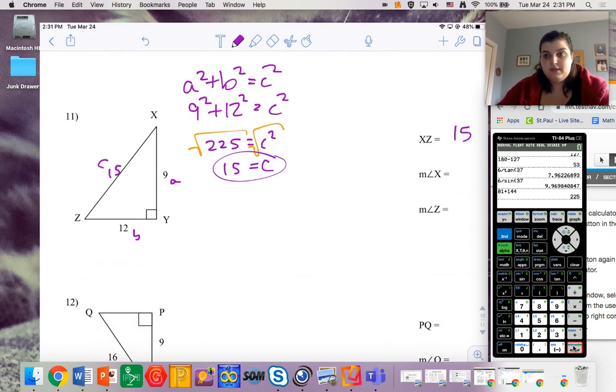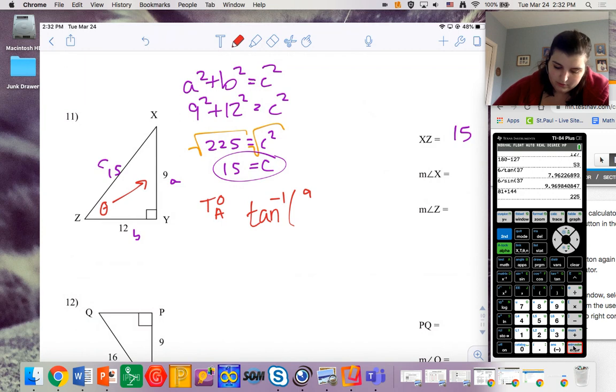Now we need to find an angle. Once we find one, the other one is going to be okay. So for right now, I'm going to just make this angle Z my theta. I'm going to use tangent because I like it. So tangent inverse, TOA, so I need to do the inverse trig function. So tangent inverse of the opposite 9 over adjacent 12.